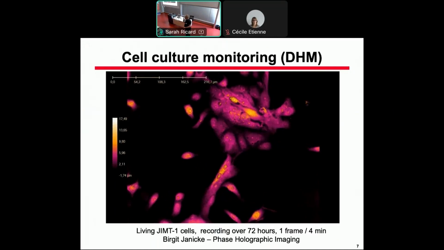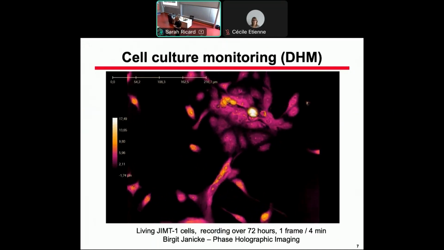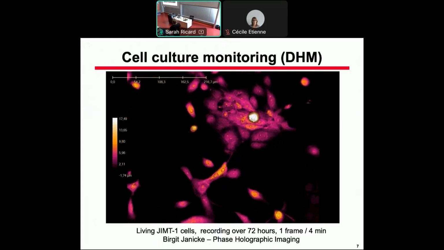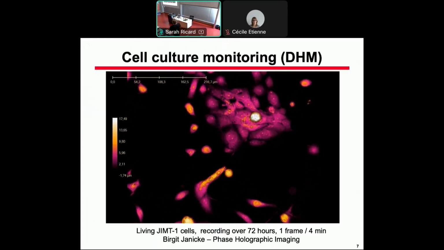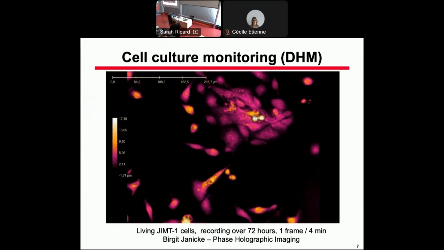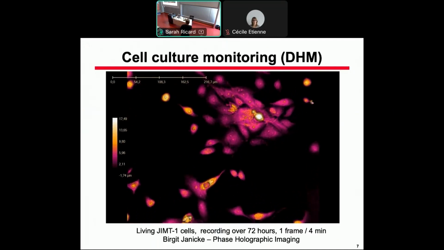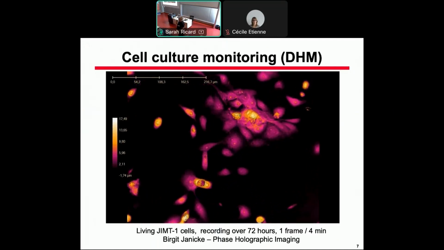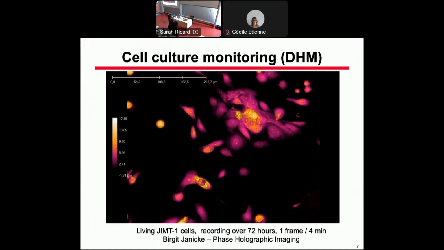And one of the main advantages of the technique is that it uses very low level light. So you can have beautiful movies. Here it's over 72 hours, but on the Phase Holographic Imaging site, they have movies of cell cultures over weeks, which is something you can't do, for example, in France.